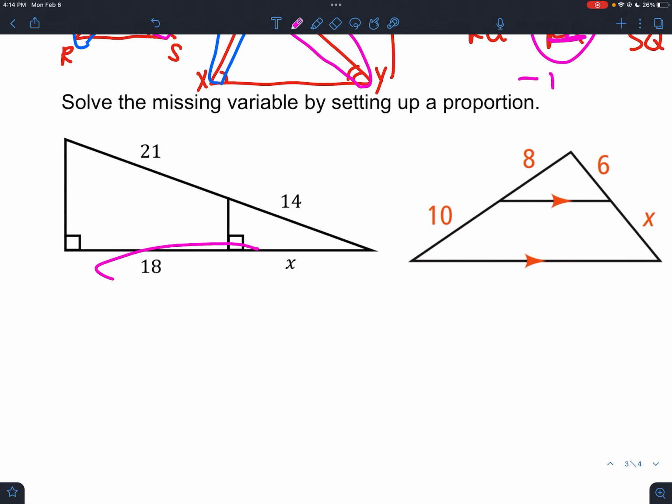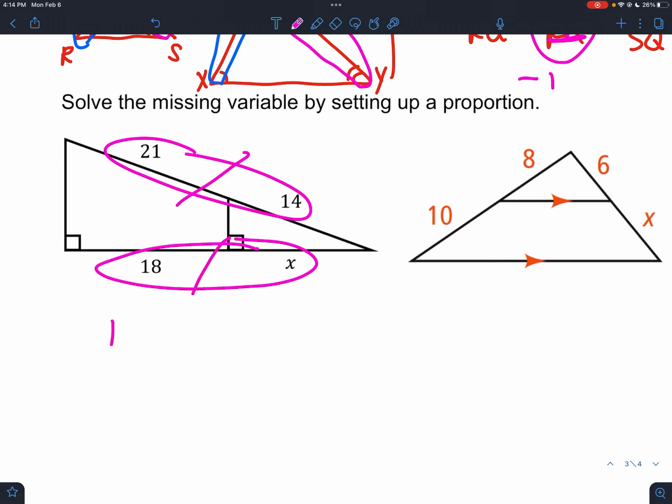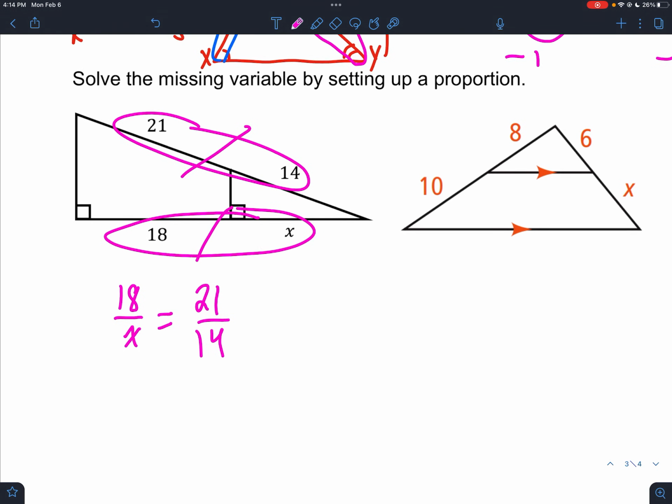So let's practice with these. So how would you set up side splitter? Well, you circle the side, you split it, and then you write down the resulting fraction. So 18 over x is 21 over 14. And you can check with what was written above. It obeys the formula. Yeah, it could be flipped upside down.